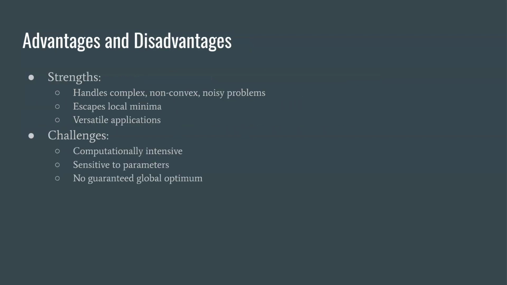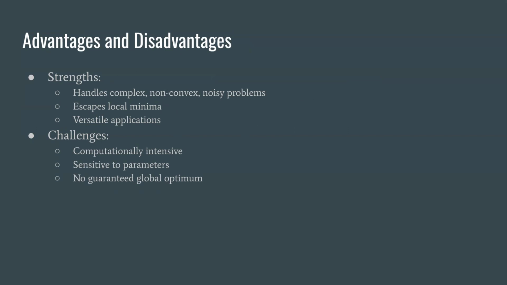Advantages and disadvantages. Randomized optimization approaches offer several strengths. They can handle complex, non-convex, and noisy optimization problems, and their ability to escape local minima allows for broader exploration of the search space. These methods are versatile and can be applied to a wide range of problems.